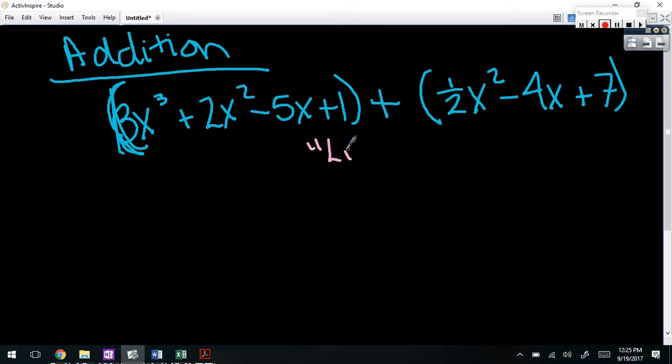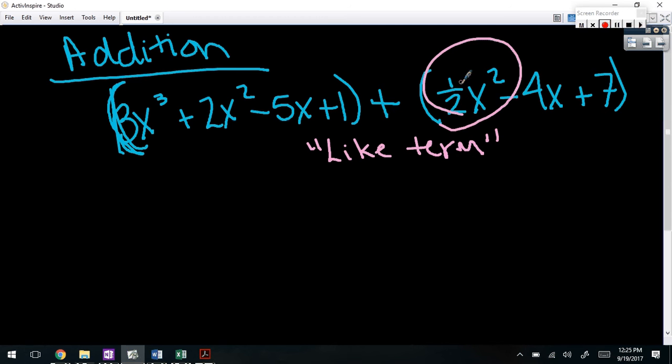What does it mean to be a like term? What has to be alike? Everything. So there's some different parts here. When I look, I've got a coefficient. This is a coefficient. Here's my base.